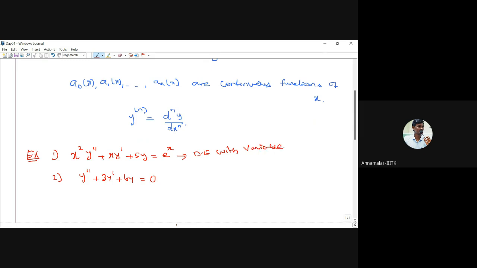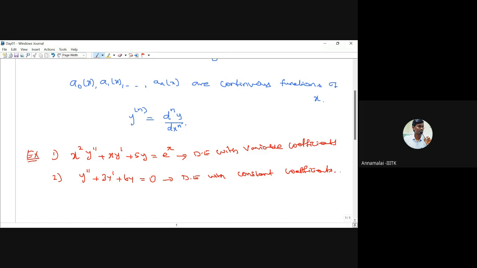If at least one of the coefficients is variable, then we say it is a differential equation with variable coefficients. If all the coefficients are constant, then we call it a differential equation with constant coefficients.